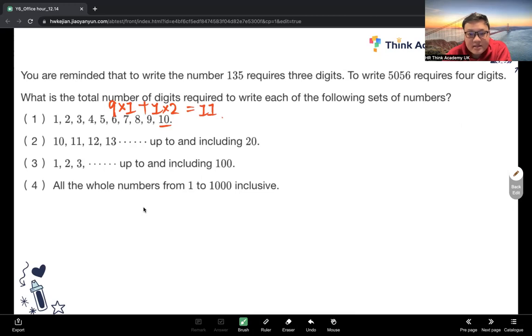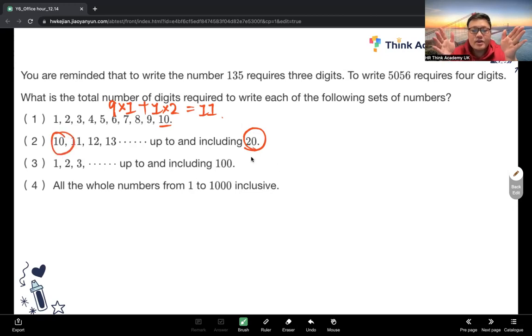All right, how about the second one? 10 to 20, how many digits are there? 22, that's right. Why is that 22, guys? It's really likely to make a mistake, you got a 20, but the correct answer is 22. So how many numbers are there? Just remember this formula: you have to use the last number minus the first number and plus 1.